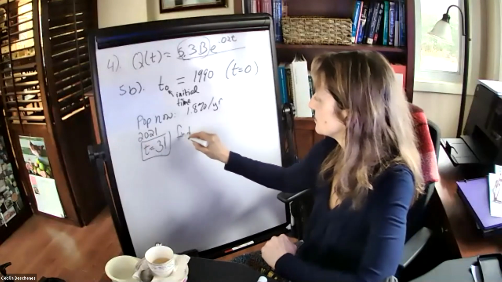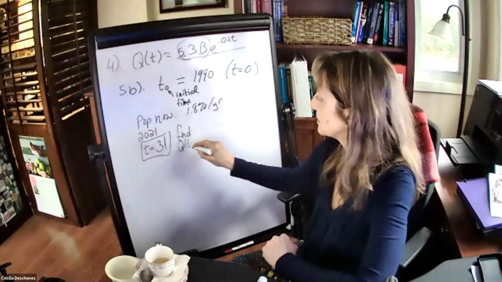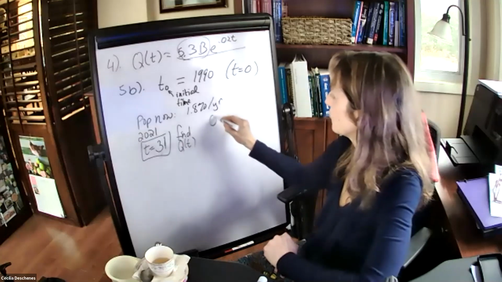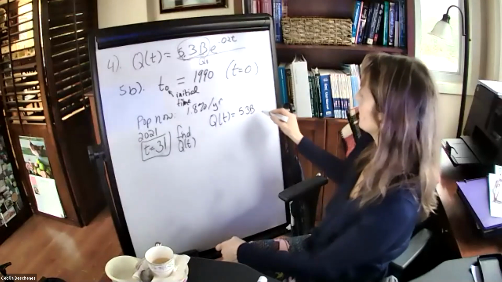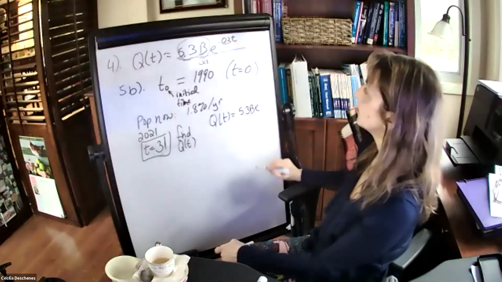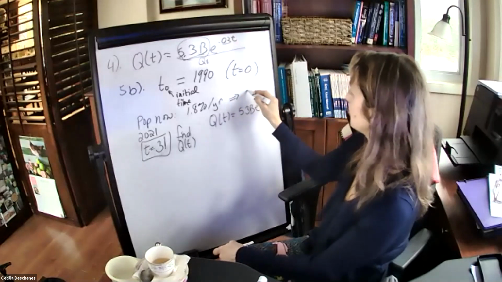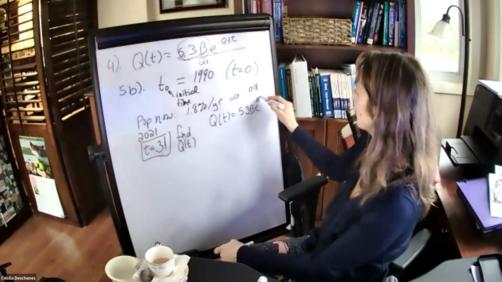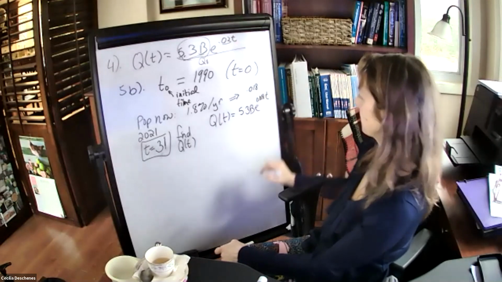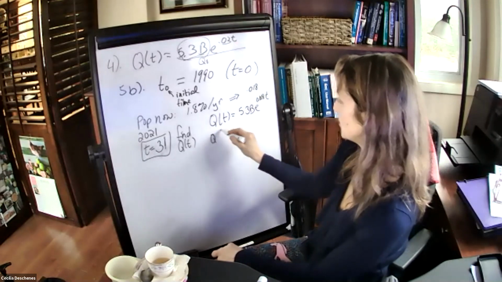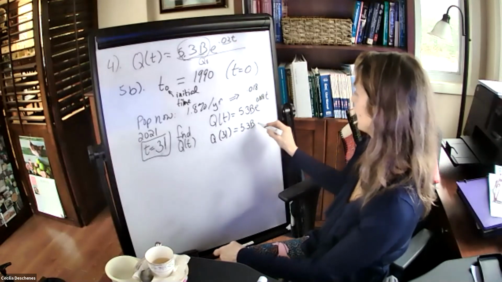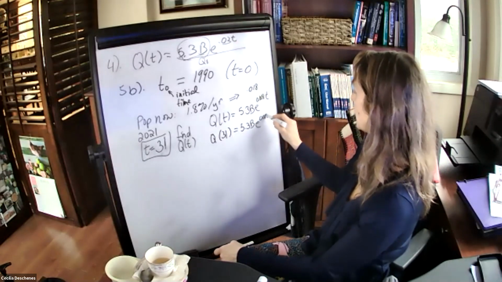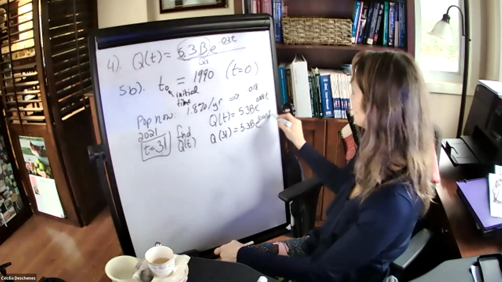Find Q of T. We want to know the quantity now. So our formula that we're going to use is this 5.3 billion. So the Q naught stays the same. But instead of 0.02, this is going to be 0.018 T. So this is Q at, in 31 years from 1990 is 5.3 billion e to the 0.018 times 31.